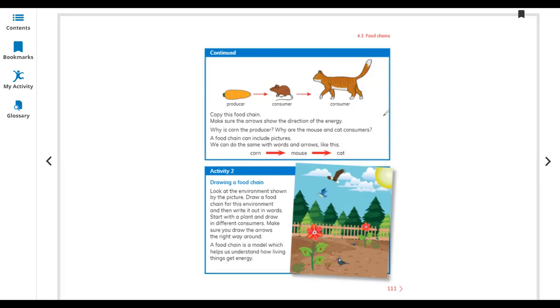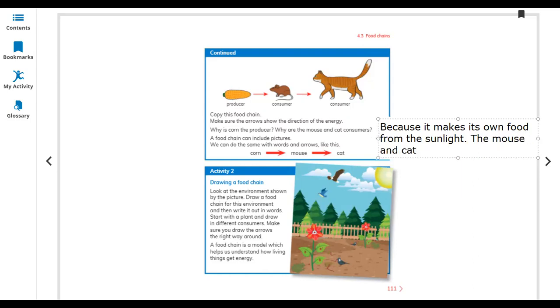So we write here: make its own food from the sunlight, and the mouse and cat, both mouse and cat, what are they eating?